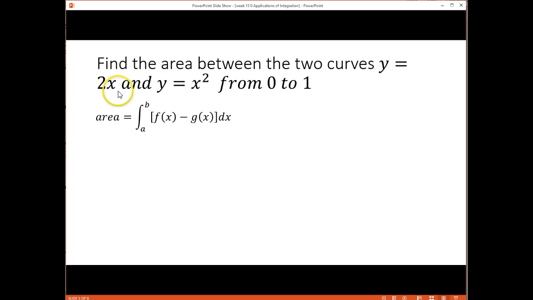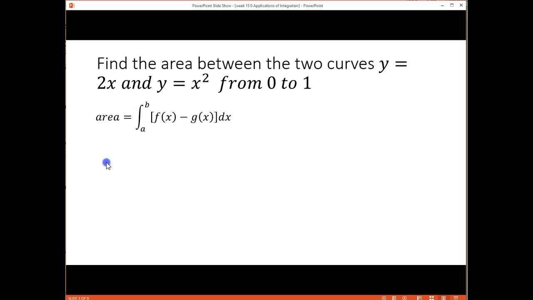Now notice if you plug in 0, these are both equal to 0, so 0 is actually a point where the two curves intersect. So a lot of times we want to plug in a number that's in the interior. Let's just plug in 1/2. 2 times 1/2 is 1, and 1/2 squared is 1/4. So when I plug in 1/2, y equals 2x gives me a higher y value, so it is the curve that is on top of the other curve.